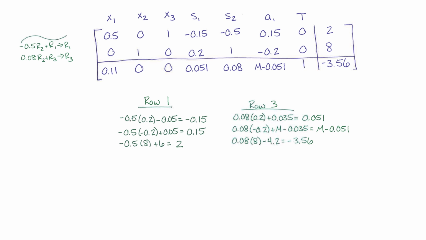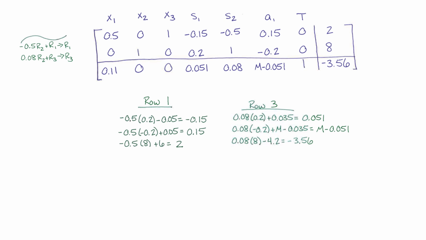Row 2 remains the same at 0, 1, 0, 0.2, 1, negative 0.2, 0, 8. And row 3, I use the command 0.08 times row 2 plus row 3. So that gives me values 0.11, 0, 0, 0.051, 0.08, M minus 0.051, 1, and negative 3.56. And you can see the computations for row 1 and row 3 below.